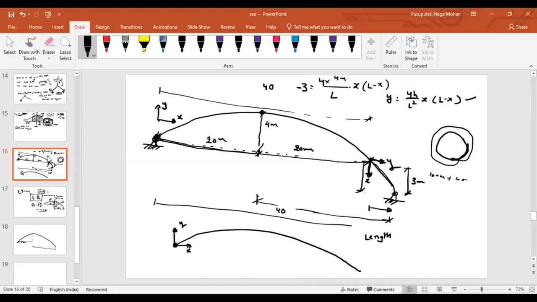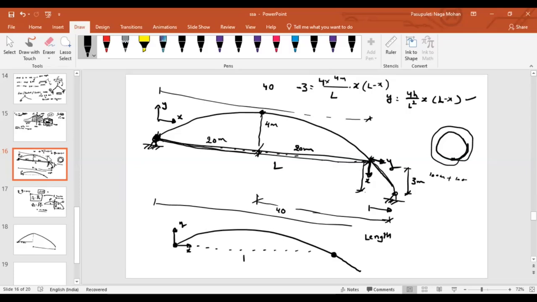Do you agree? If you are representing this formula, y equal to 4h by L square into x into L minus x, what does this L represent? L represents the distance between zero ordinates. So this is the length represented as L, the length between zero ordinates, isn't it? Now, let us say the length between zero ordinates is somewhere here.